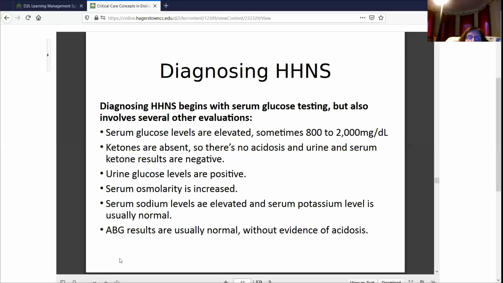Ketones are absent, so there's no acidosis. In urine and serum, ketone results are negative. Urine glucose levels are positive. Serum osmolarity is increased. Okay, that's very important. Serum sodium levels are elevated, and serum potassium level is usually normal. Okay. ABG results are usually normal without evidence of acidosis. That's important. Okay.